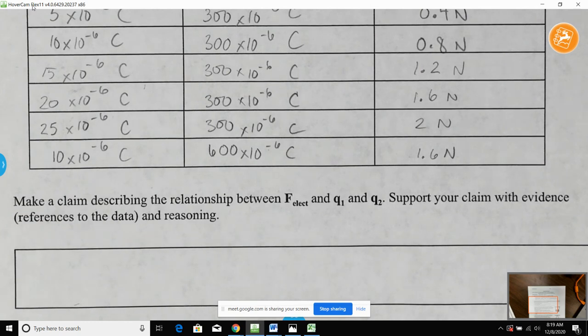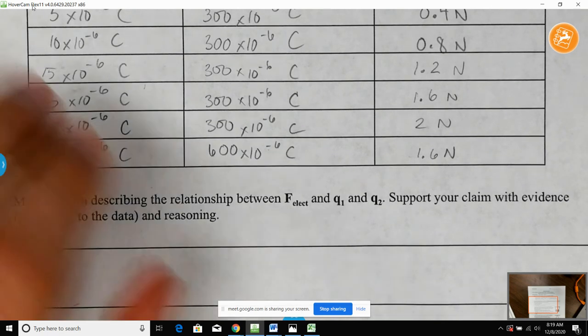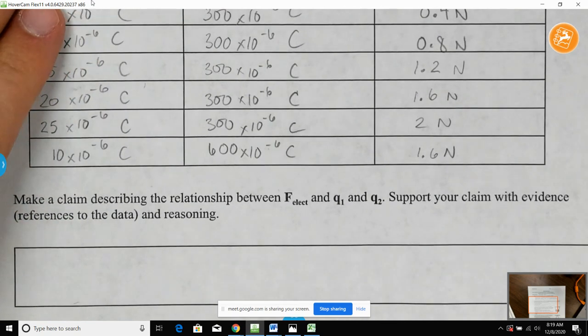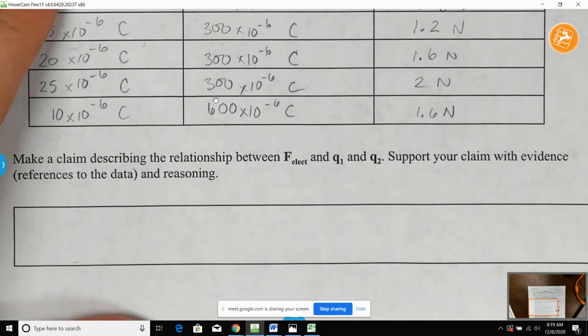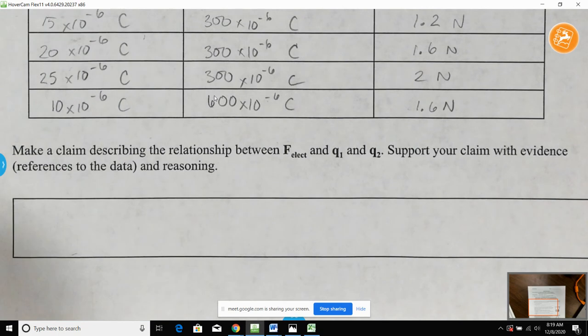They're the opposites of each other. So you're going to write whether you think it is directly proportional or inversely proportional, and then claim with your evidence.